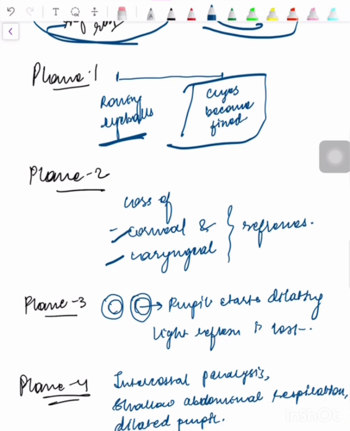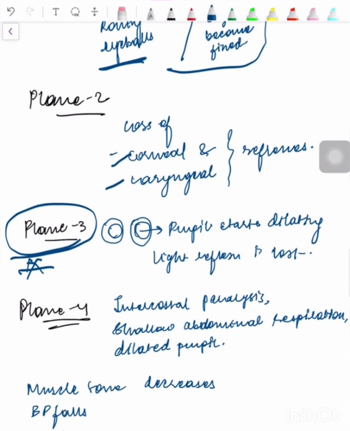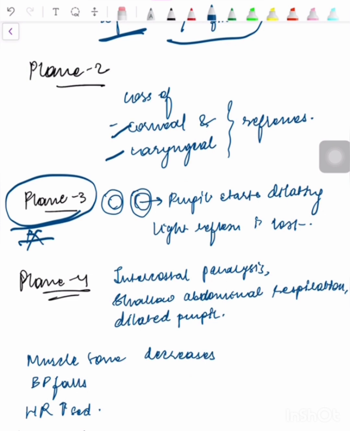pupillary light reflex is lost, and this plane is marked by complete relaxation, complete pupil dilation. Okay, so this is the ideal level of anesthesia for most surgery. Then in plane 4, diaphragm paralysis occurs. There is irregular shallow abdominal respiration.